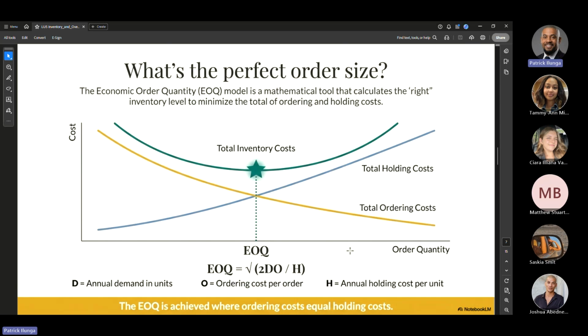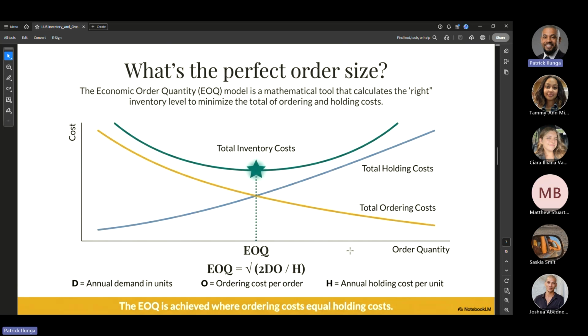Do you understand? So it's about getting the right inventory level we should have in order to do this production. But we need to make sure that we are not running out of this product too early.